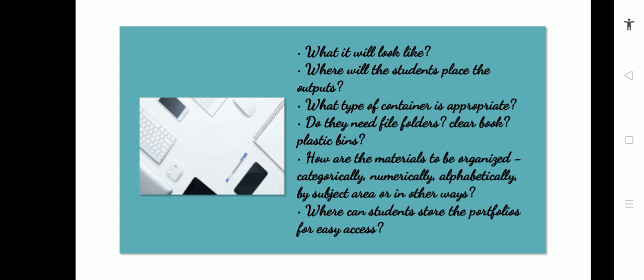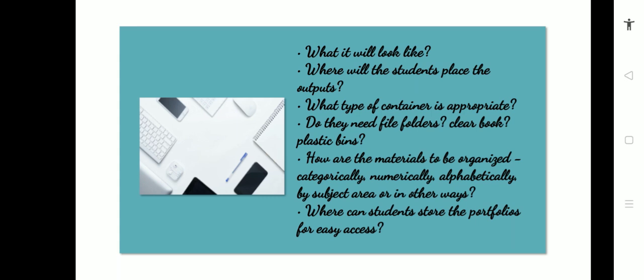Do they need folders, clear books, plastic bins? How are the materials to be organized: categorically, numerically, alphabetically, by subject area, or in other ways? The last one is, where can students store the portfolios for easy access?